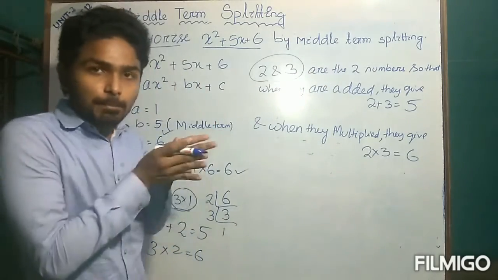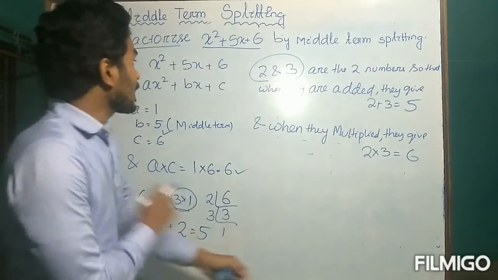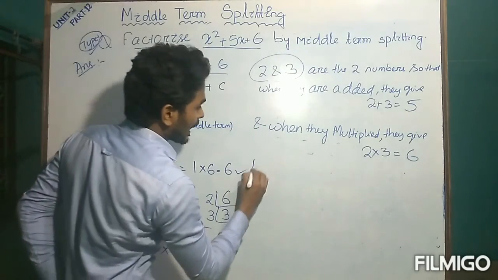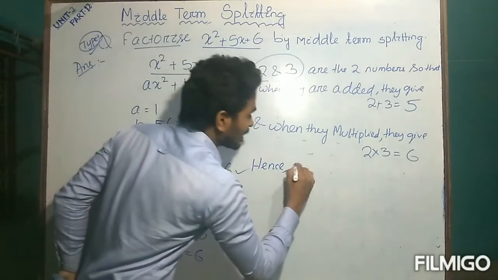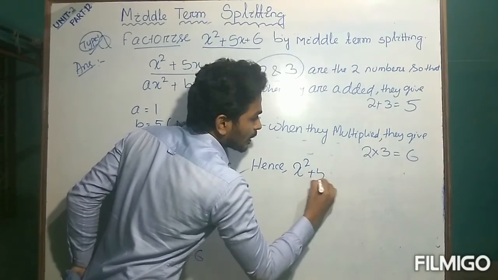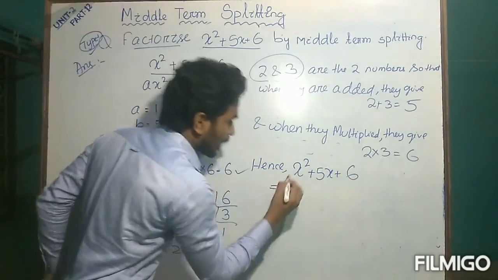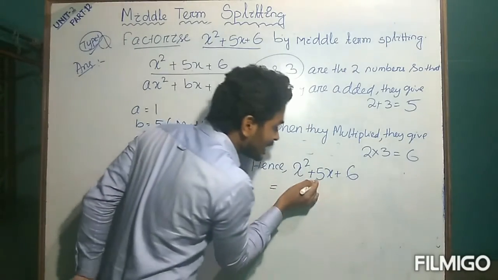Hence 5 can be split into 2 parts. First part is 2 and second part is 3. Now write this. Hence x square plus 5x plus 6 is equal to. So which part is being split?